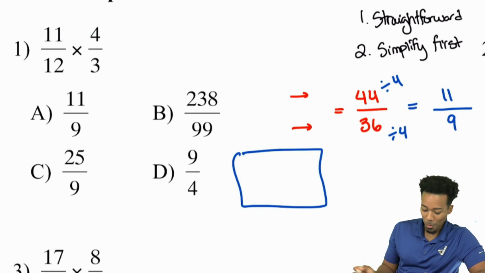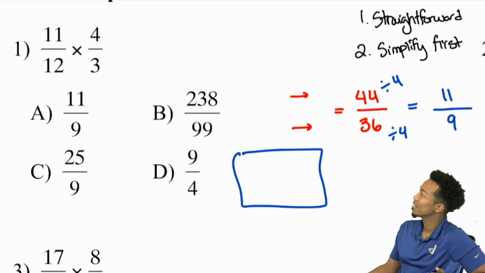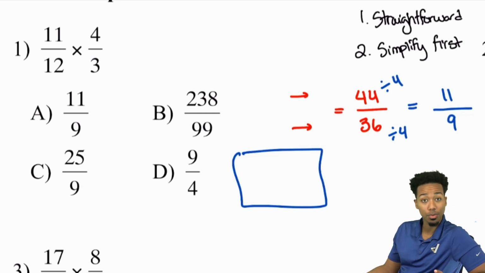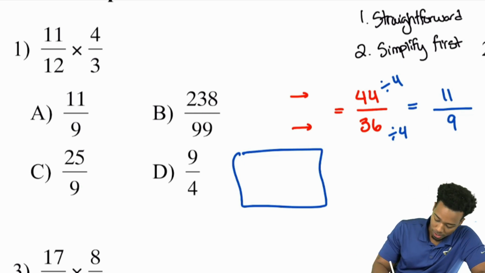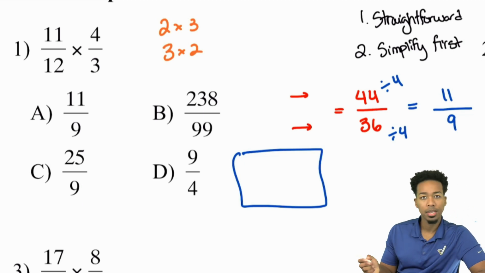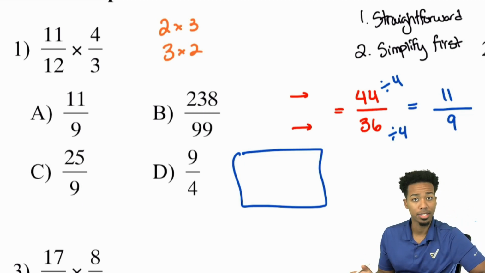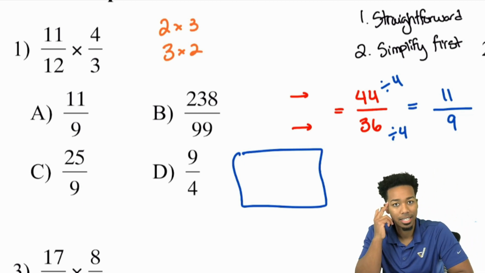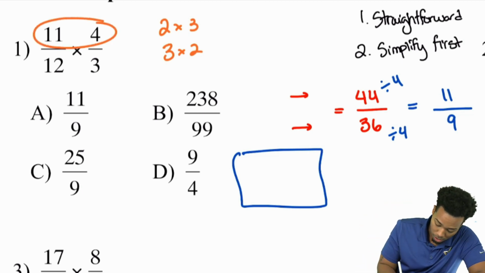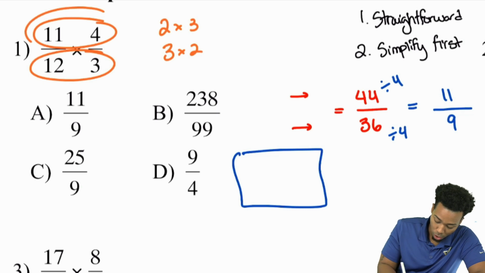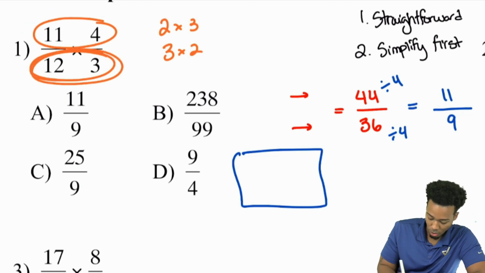So, watch this. Look at the 11 and the 4 on top, and the 12 and the 3 on bottom. The idea comes from this, my party people. 2 times 3 is the same as 3 times 2, right? It doesn't matter what order you multiply in. So understanding that, these are above these, these are already together, and these are already together.